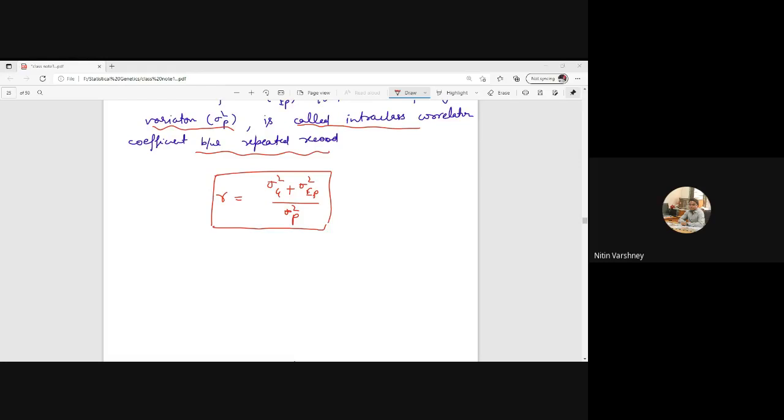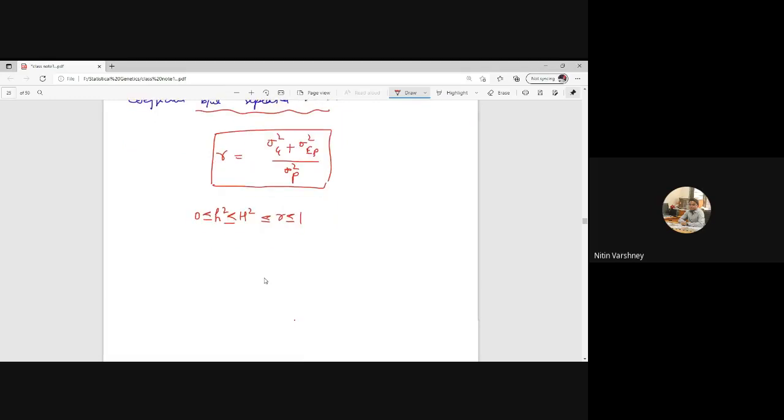Isn't it? So here if we write the range of intra-class correlation coefficient, this will be the upper limit of heritability. So that is 0 to narrow sense heritability, that is broad sense heritability, and R to 1. So the question will be like, what is the upper limit of heritability.